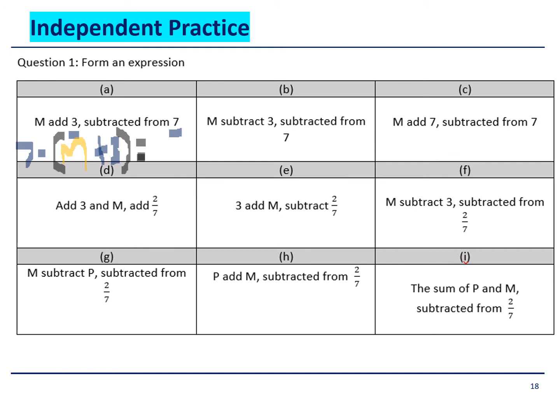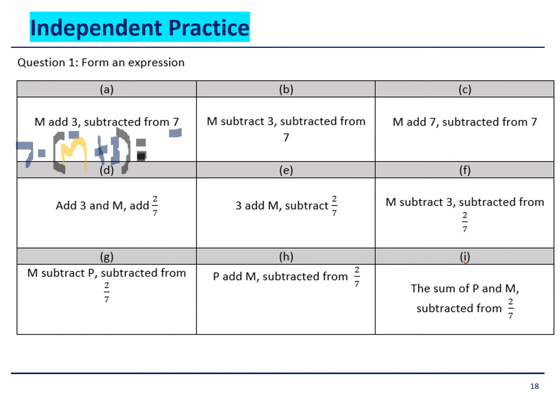get them like terms together and show that it's equal to a simplified expression? So we're simplifying here. So we're basically doing a bit of working out. Well, like we did in the previous example where we did like terms for the expression. So we've got, well, 7 take 3.